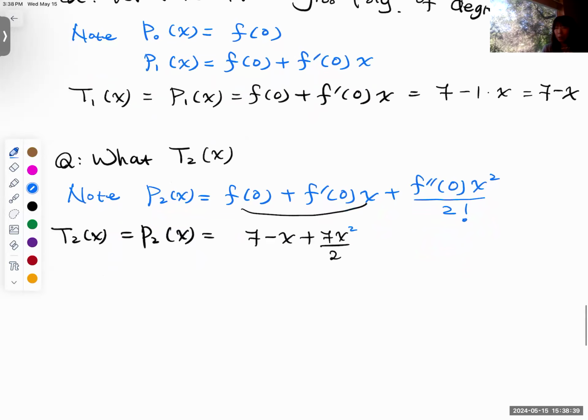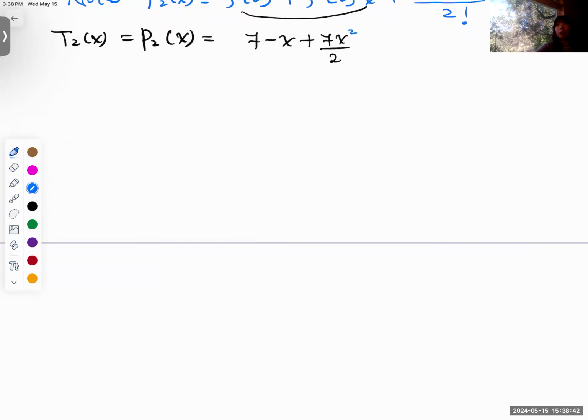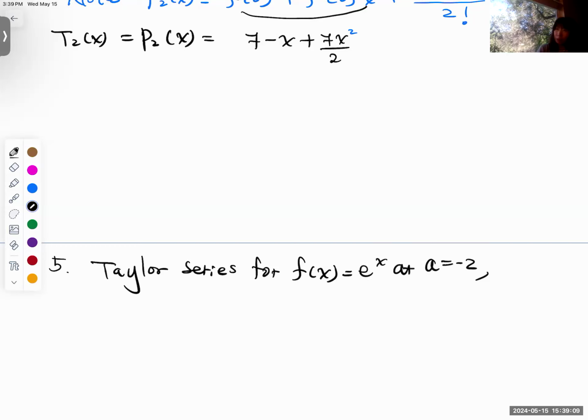So the Taylor series for f of x equal to e to the x and a equal to negative 2 is the series n equal to 0 to positive infinity of c sub n times x minus 2 to the n power.